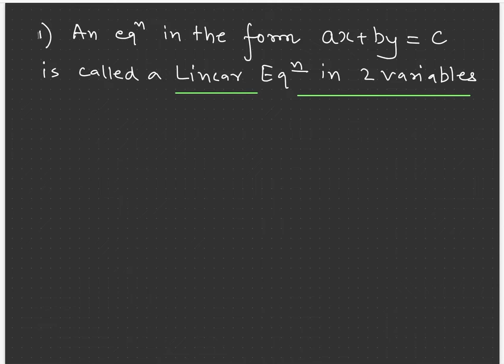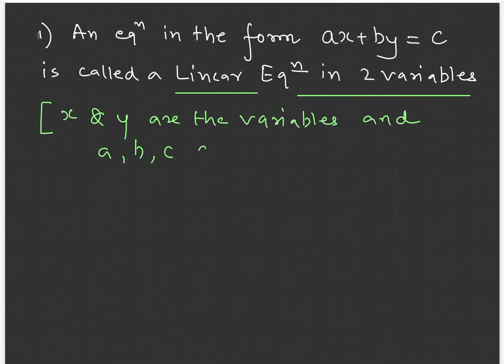Now two variables means here x and y are the variables, and a, b, c are constants. a, b, c are numbers, where a is not equal to 0 and b is not equal to 0.